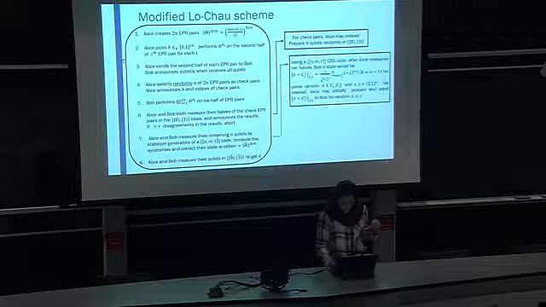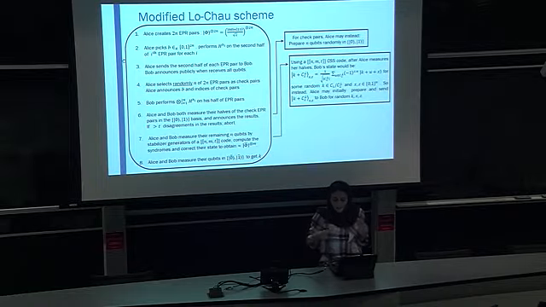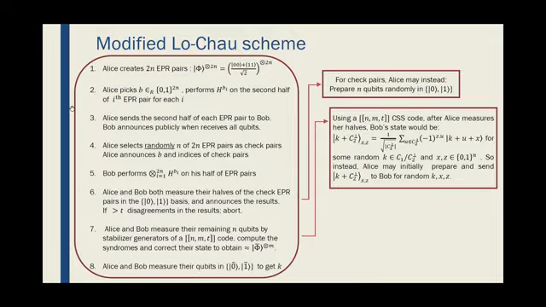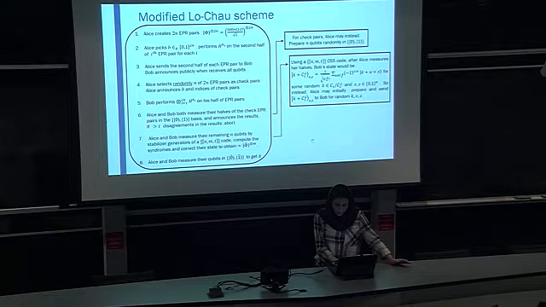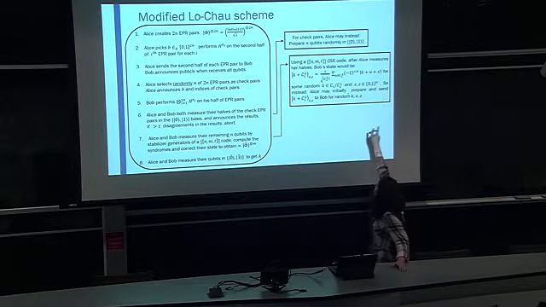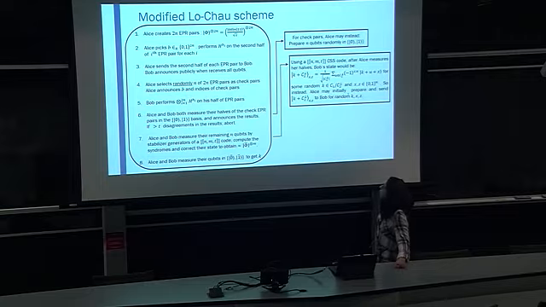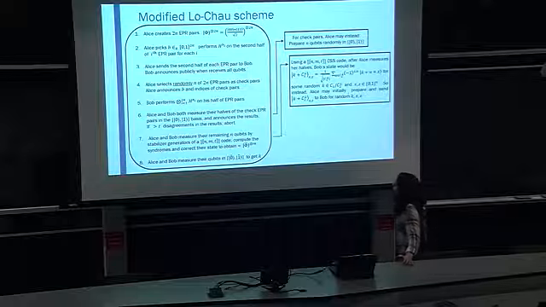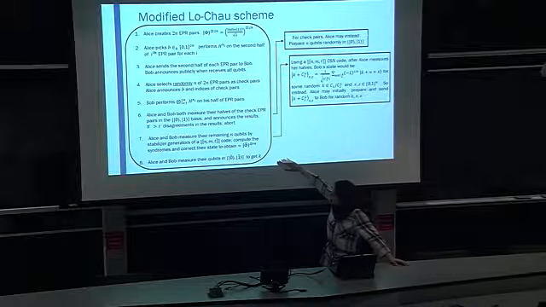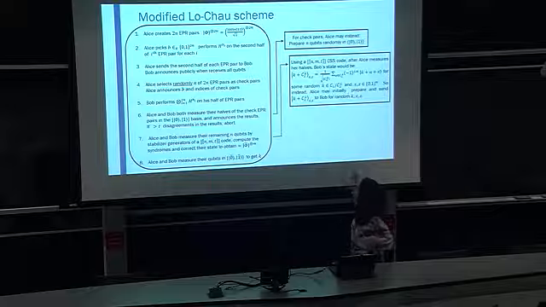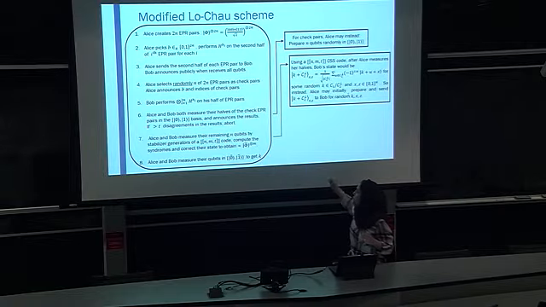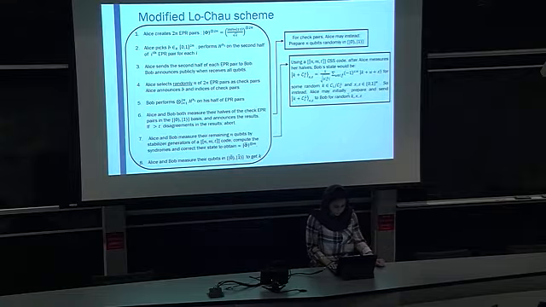And in step 7, Alice measures her halves in stabilizer generators, and after her measurement, Bob's state would be in a random code word of a random CSS family code. So instead of sending EPR pairs and then doing this measurement, Alice could just prepare a random code word in a random family of CSS codes and just send that code word to Bob.